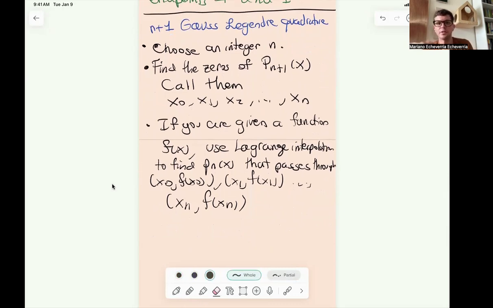And so the idea in Gauss-Legendre is to approximate the integral from -1 to 1 of that function by the integral of this polynomial.